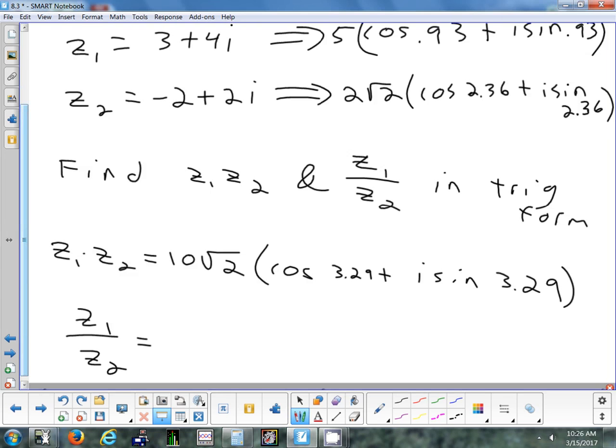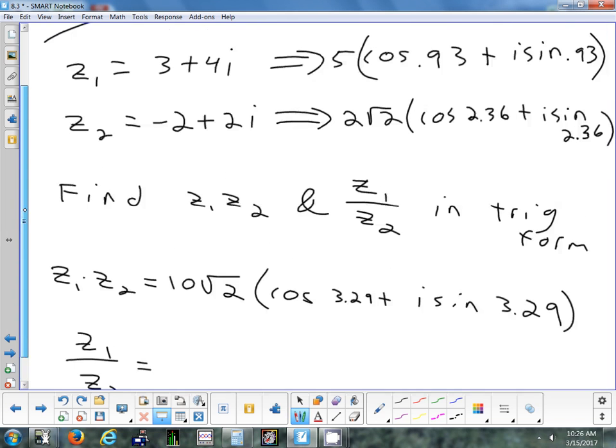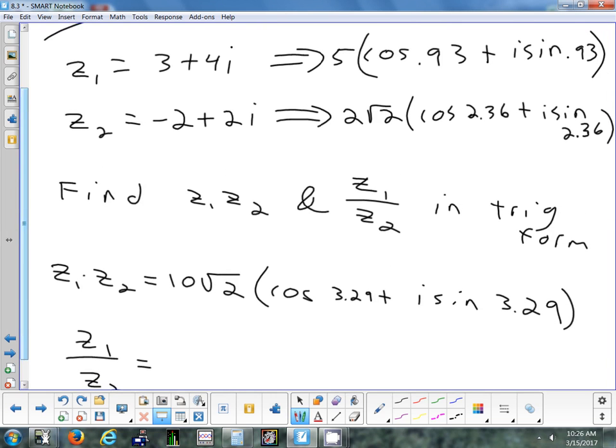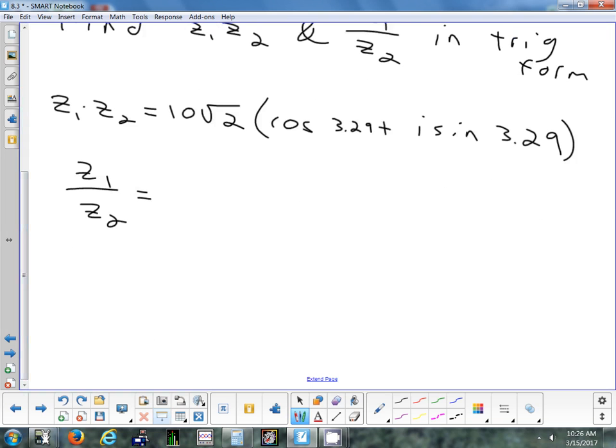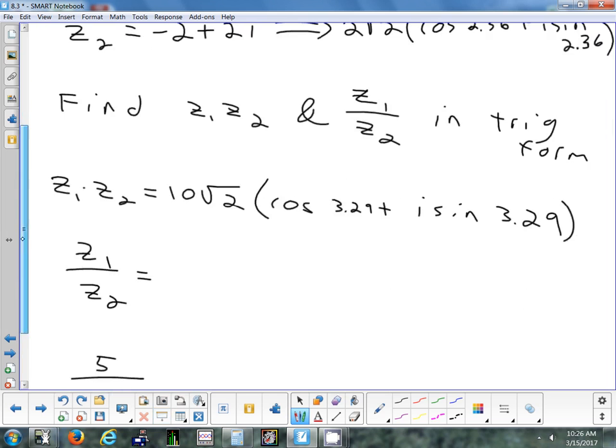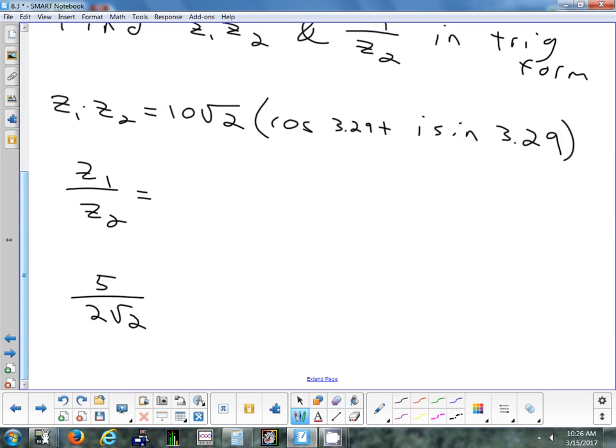All right, z1 divided by z2. What's r1 in this case? What's my first radius? So I'm going to take 5. And what's r2? 2 square roots of 2. Okay, we can't leave our radius like that. What's wrong with it? We can't leave the square root in the bottom. So how do we fix it?